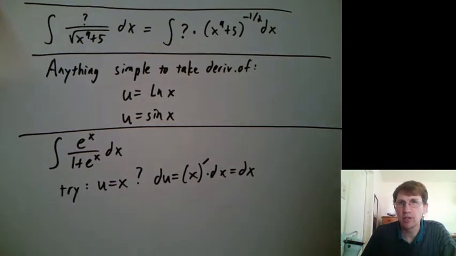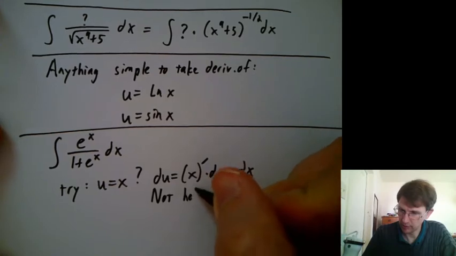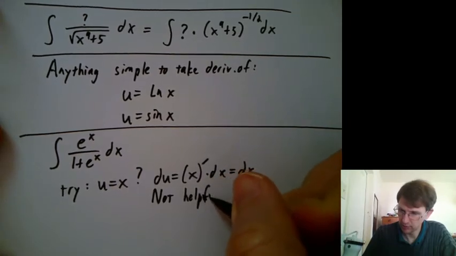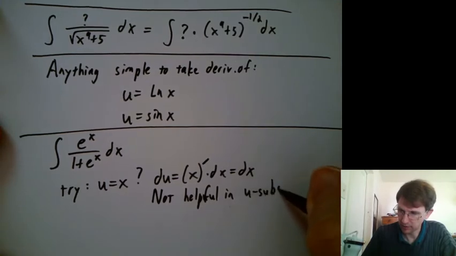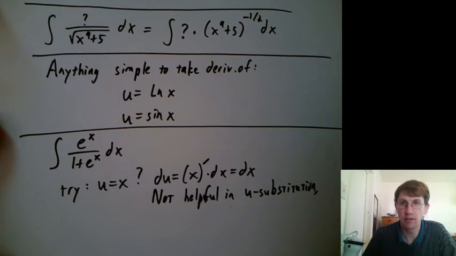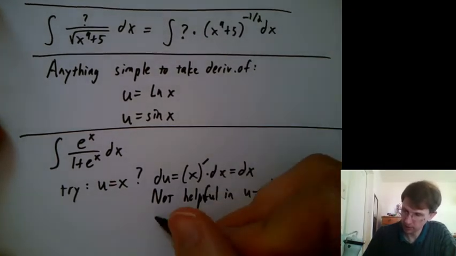And at that point, you're just changing letters. It's like doing a search and replace in a word processing document. It doesn't actually change the math problem. So this is not helpful in u substitution. It's just changing the name of the variable, which doesn't make it any easier to integrate.